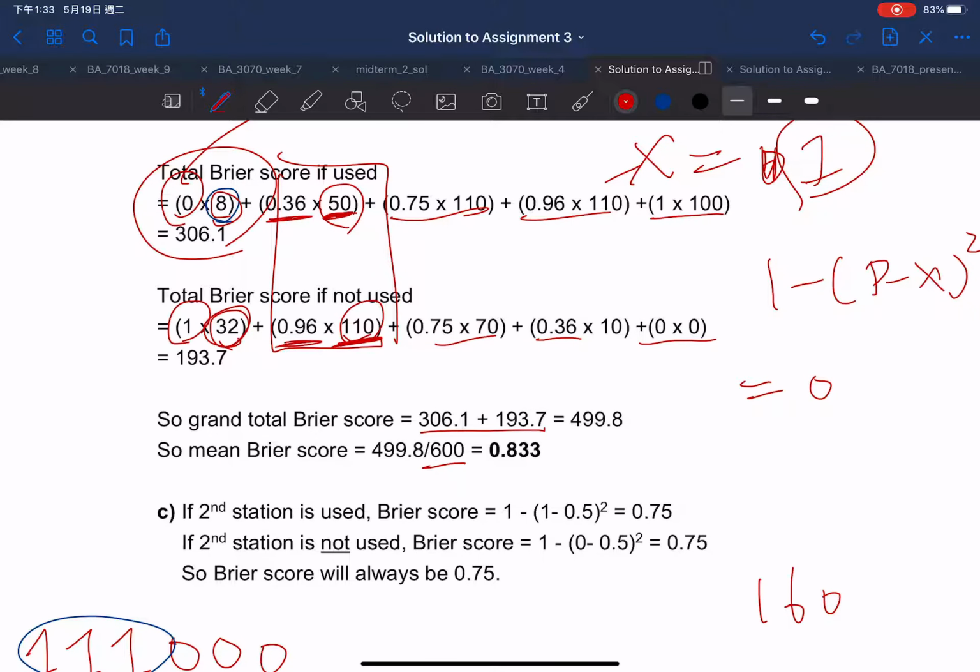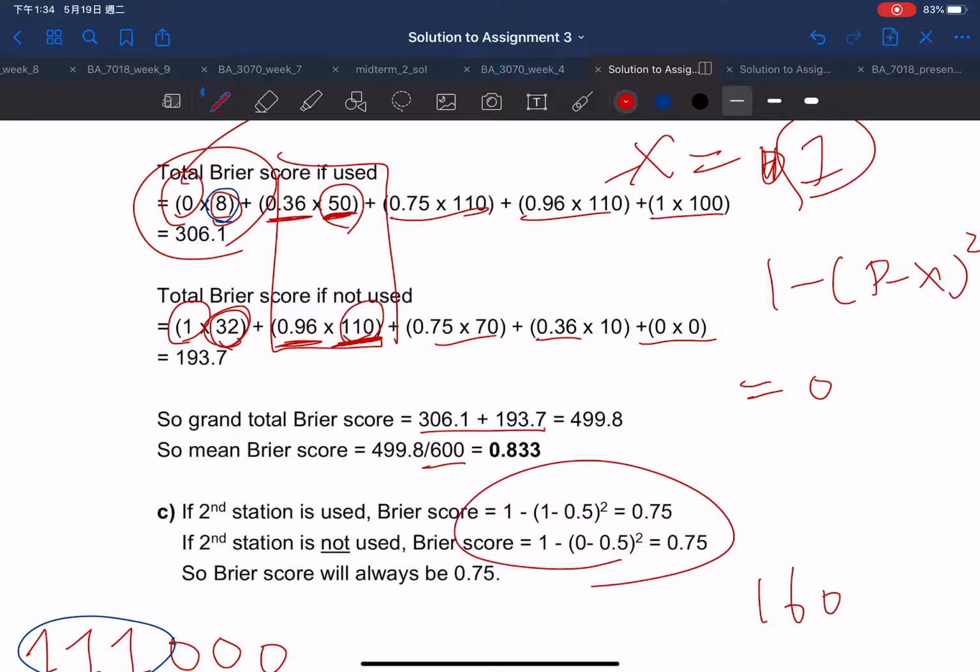Now the last question asks you, if I simply make a prediction of 50% every day, what would happen? If I make a prediction of 50% every day, the Brier score is going to be 0.75 anyway, no matter what happened, right? Because of the formula.